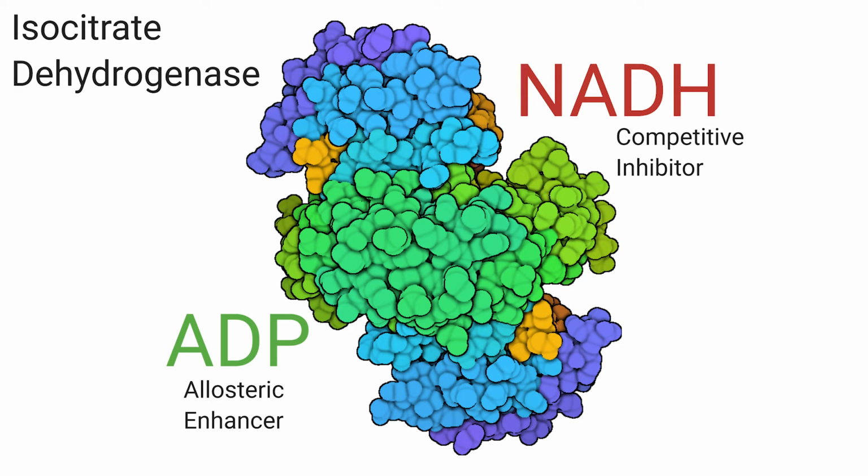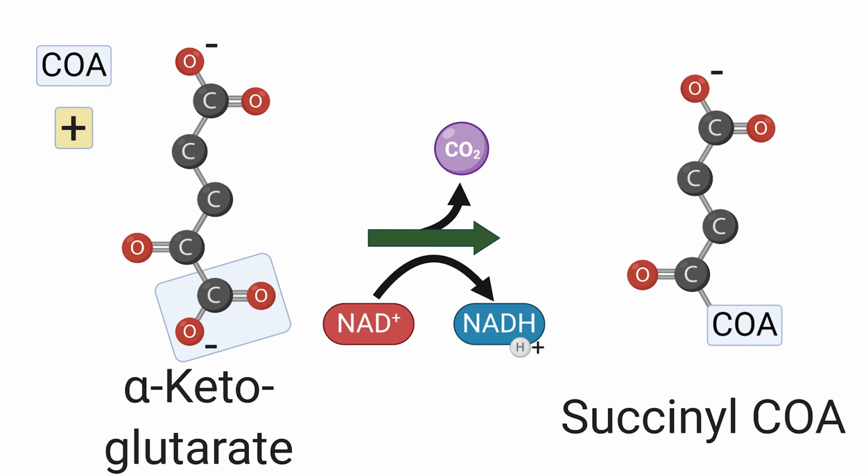The enzyme in the next step is also an important regulatory point in the cycle, and is allosterically and competitively inhibited by NADH and ATP. In this step, alpha-ketoglutarate is oxidized into succinyl-CoA by the addition of a CoA carrier molecule. This is another step where we get CO2 and NADH.